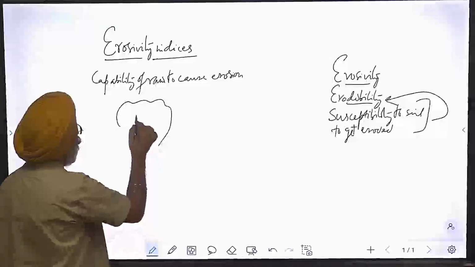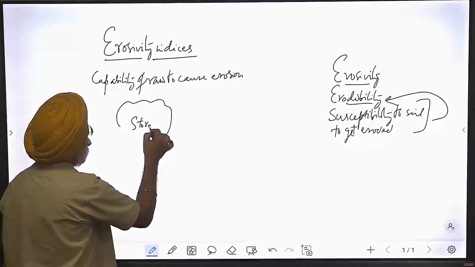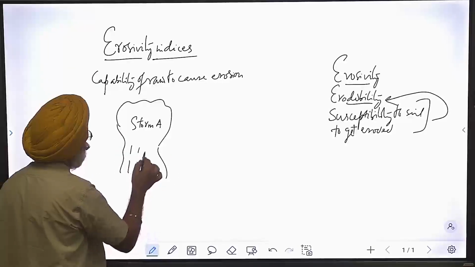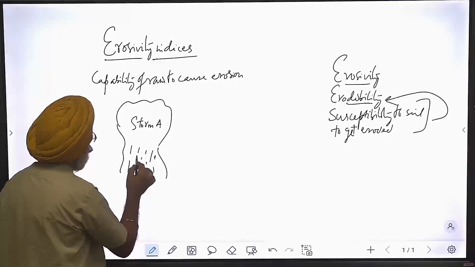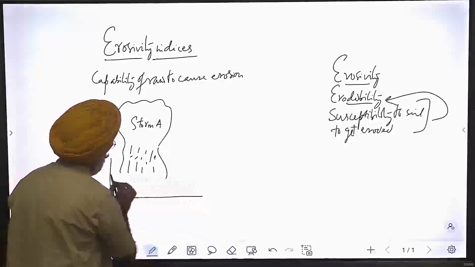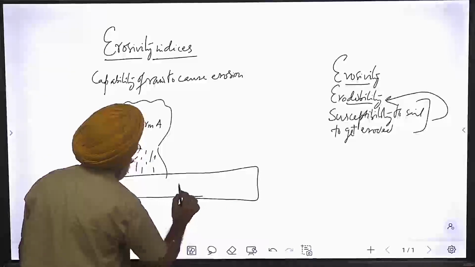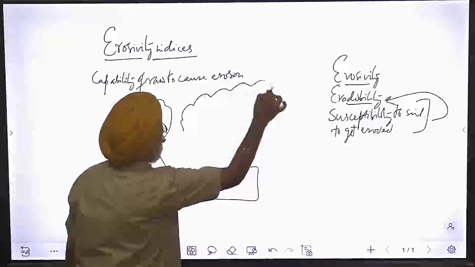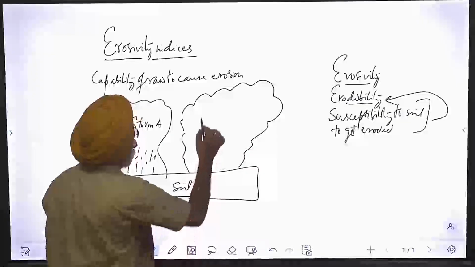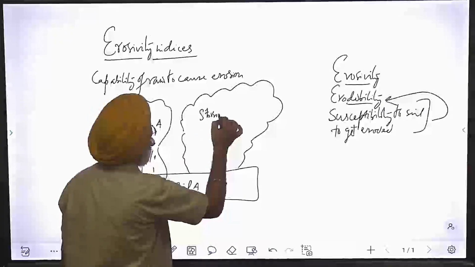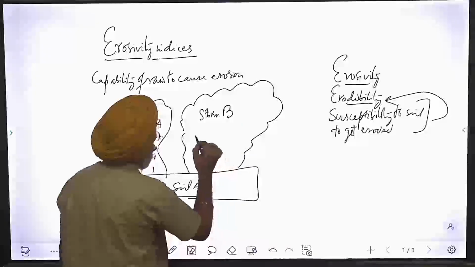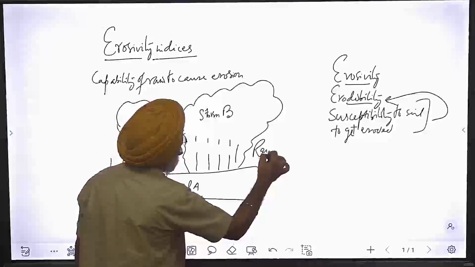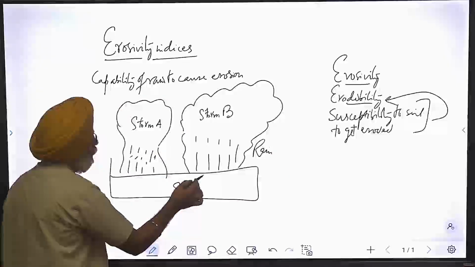Say this is storm 1, storm A, and it is causing erosion on a soil A. And then there is another storm, a bigger storm, storm 2 or storm B. So rainfall is there, and here the soil is getting eroded.